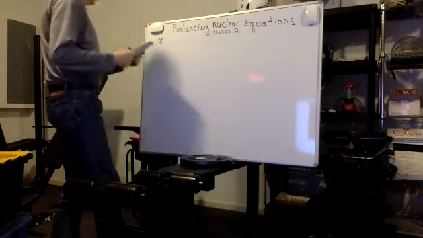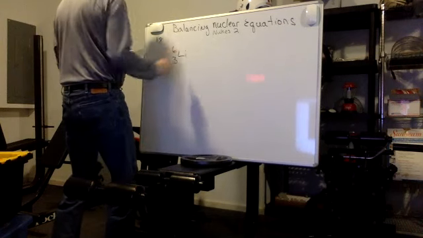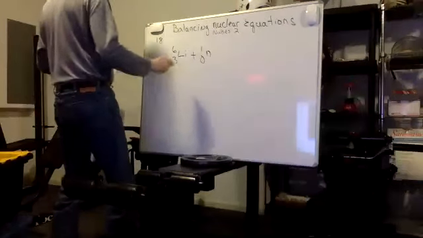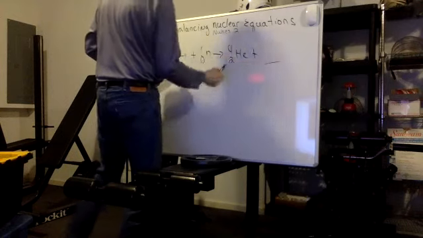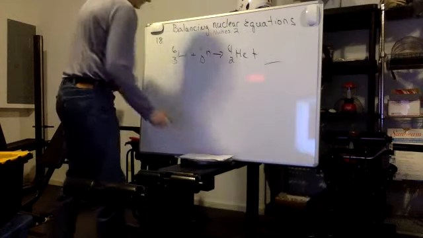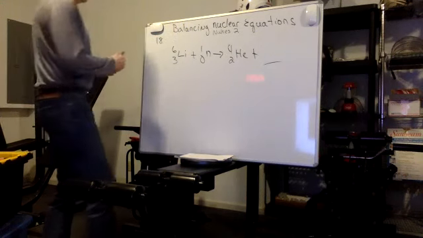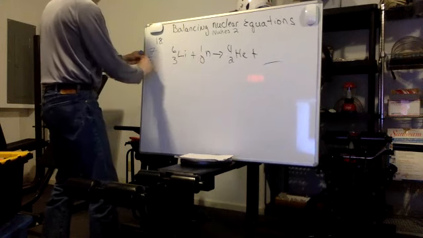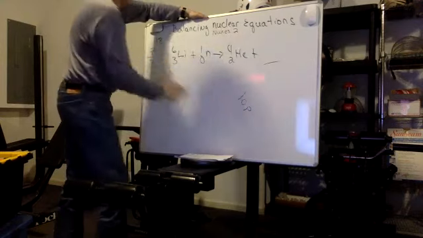Number 18. Looks like here we got an alpha particle. So let's go ahead and do the top. 6 plus 1 is 7 on top. 3 and 0 is 3. Do the top first. So I've got 7.